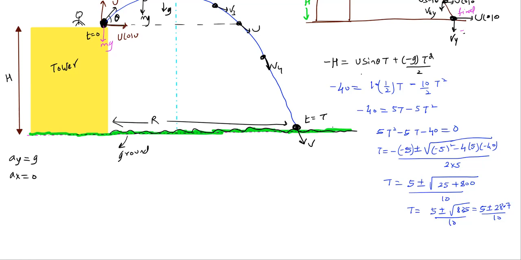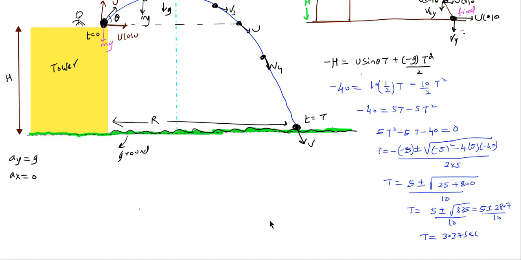So the positive time will be t equal to 3.37. Okay, after 3.37 seconds, it will come and strike the ground.